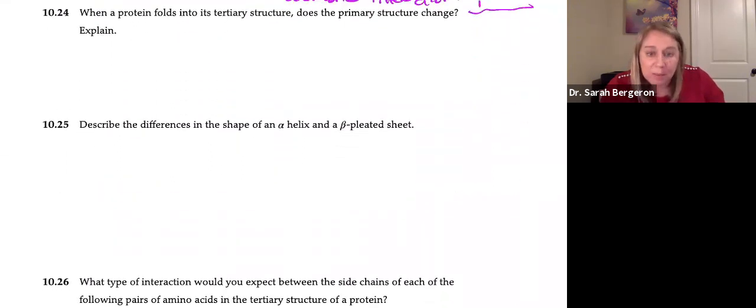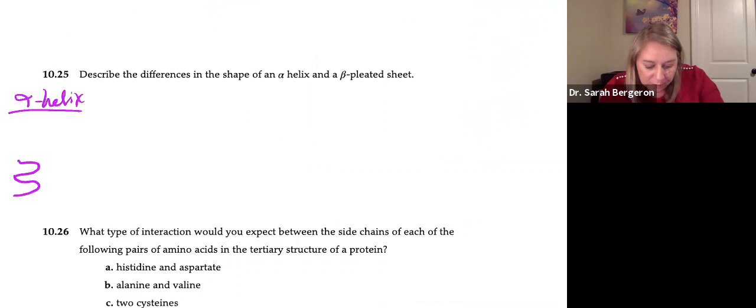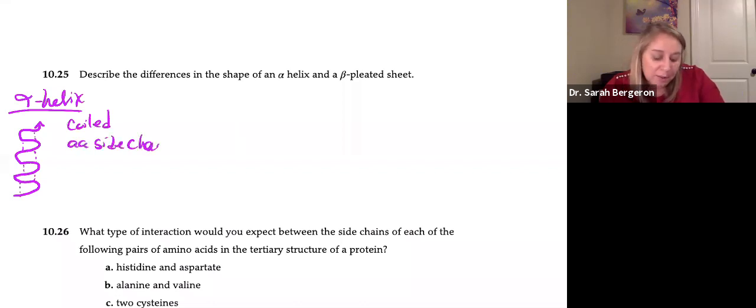Describe the differences in the shape of an alpha helix and a beta pleated sheet. I just end up calling it a beta sheet. So here's our alpha helix. Let's talk about that first. In an alpha helix, it's coiled. You can kind of snake it around, that's a terrible analogy, but that's okay. And you make those hydrogen bonds along the backbone. So this is coiled. The amino acid side chains point outward.